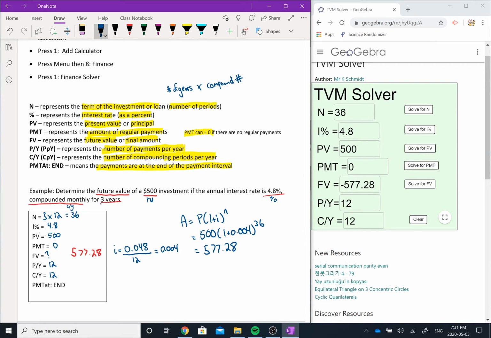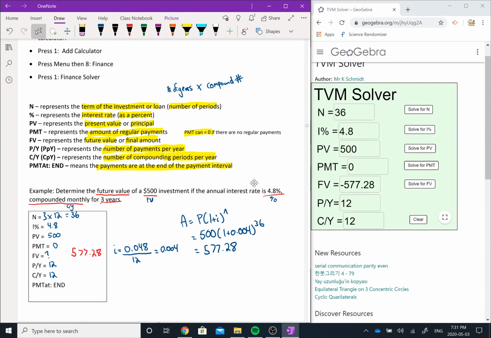But what you can do for practice is go back over the last two notes, the compound interest and the present value, and practice using the TVM solver to become more comfortable with using it and entering the information in, being able to understand what we need to pick out and what we need to put into the solver.